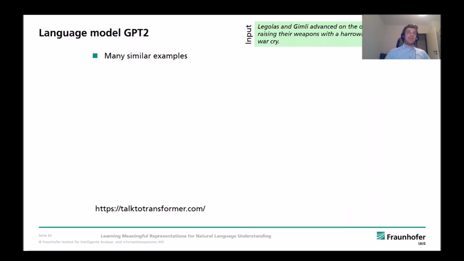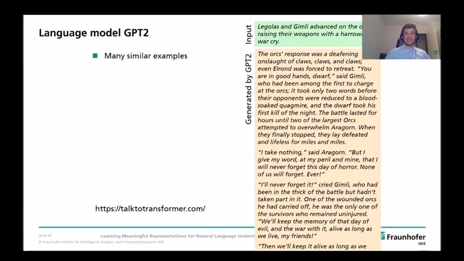Here is another sample of a Lord of the Rings style text, even using Lord of the Rings characters. You can see that during training, GPT-2 must have seen some Lord of the Rings text because it is able to recognize that Legolas and Gimli are somehow related to Aragorn. There are many similar examples of such outputs, which are quite impressive, but if you pay close attention, you can still see that they are not human-produced.